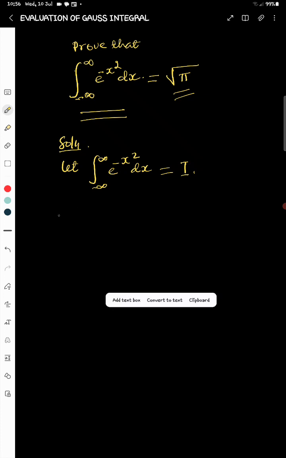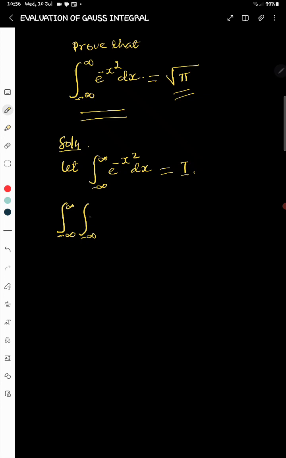So suppose we are having this one, negative infinity to infinity, negative infinity to infinity, e raised to negative x squared plus y squared, dx dy.